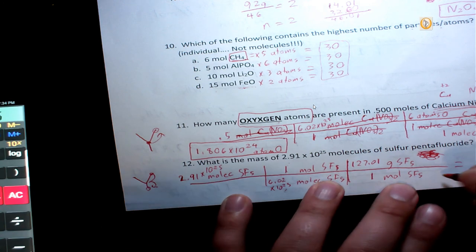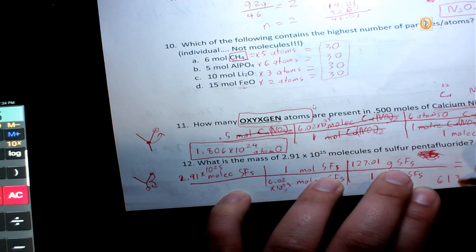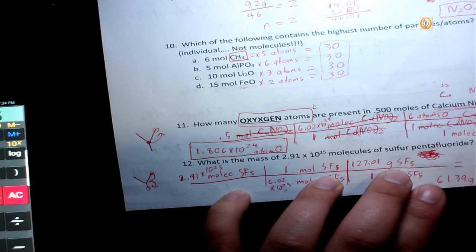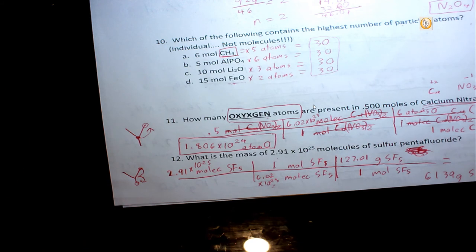I'm going to have to recheck this. I've got 6,139 grams of SF5. Let me retype this just in case.